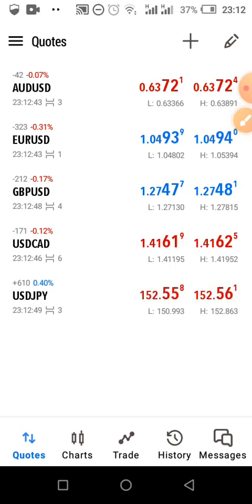But with certain brokers, if you don't want to trade on leverage, you can actually trade with a cash account which does not trade on margin.